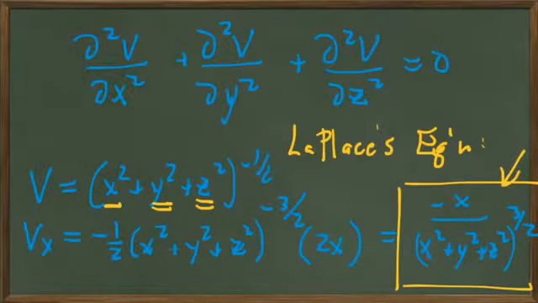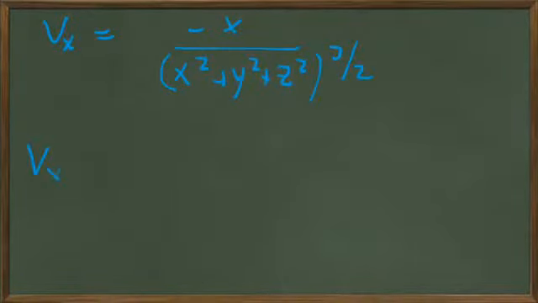Now in calculating v sub xx, we are going to use the quotient rule, and we'll do that on the next blackboard. So we're going to write that second partial with respect to x as v sub xx, and we're going to use the quotient rule: denominator times the derivative of the numerator minus numerator times the derivative of the denominator, over denominator squared. So let's write out what those expressions are.